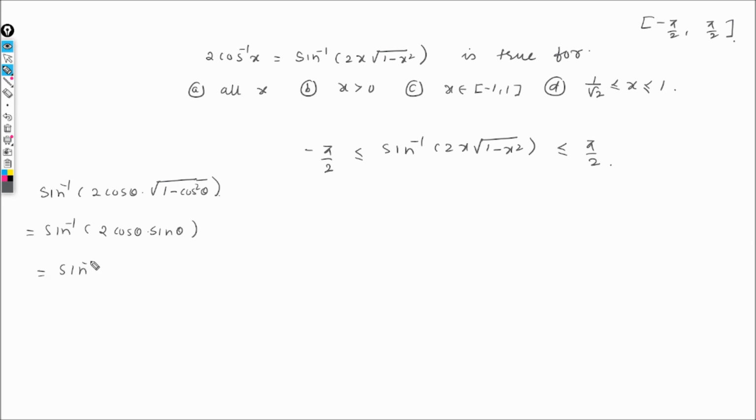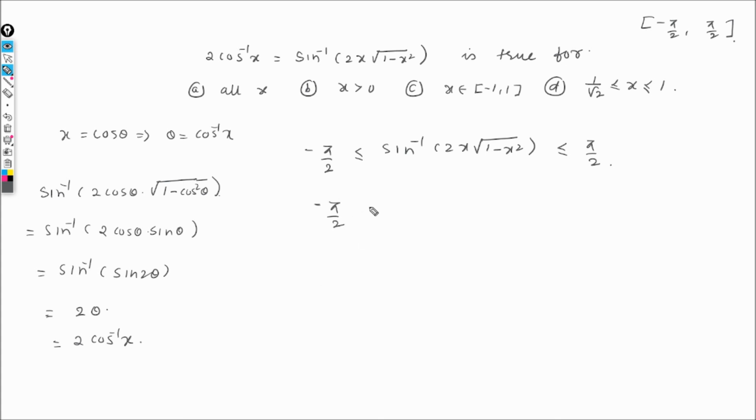It is sin inverse of sin 2 theta. So this can be written as 2 theta. So this is equal to 2 into theta, and I have taken here x is equal to cos theta. So this implies theta is equal to cos inverse x. So I can write here cos inverse x.